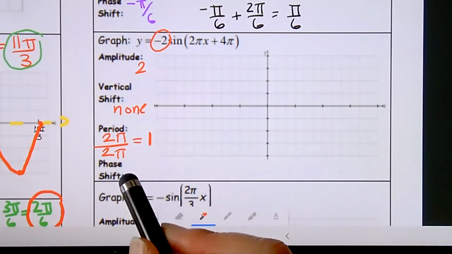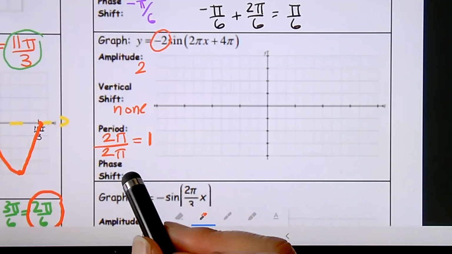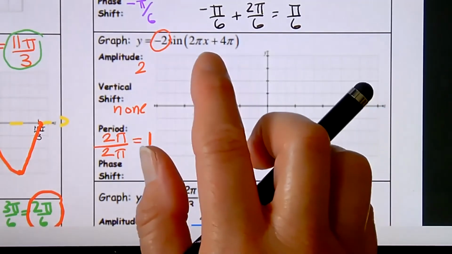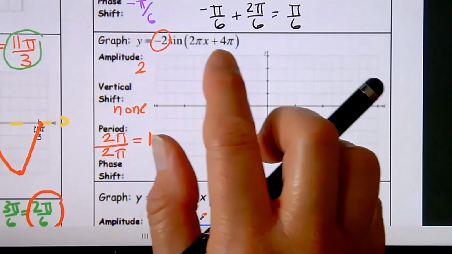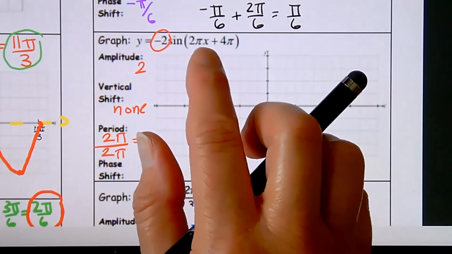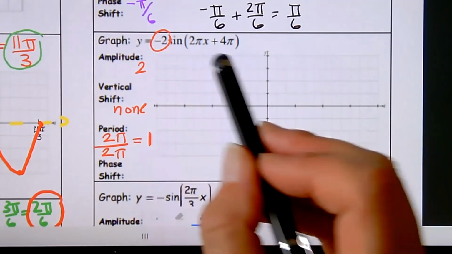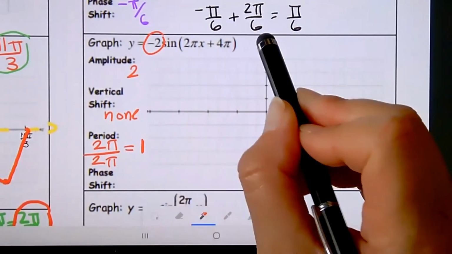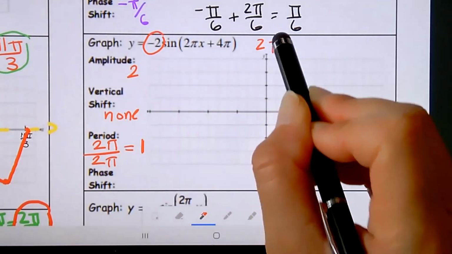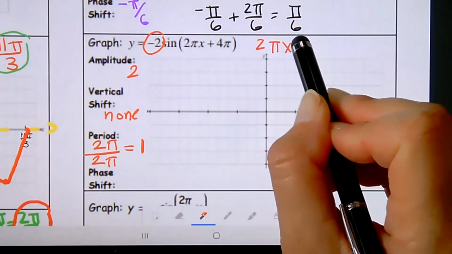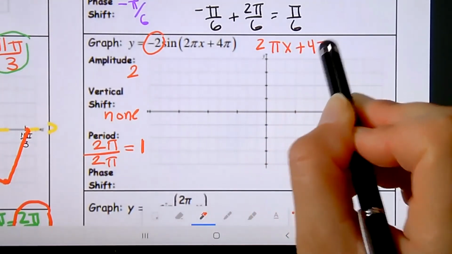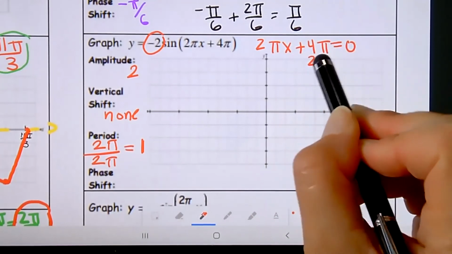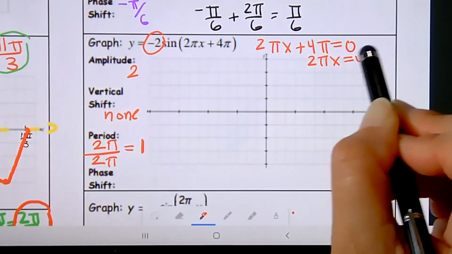And my phase shift, let me set this. Either I can factor out the 2 pi or I can take 2 pi x plus 4 pi equals 0. When I do that, I'm going to get 2 pi x equals 4 pi.